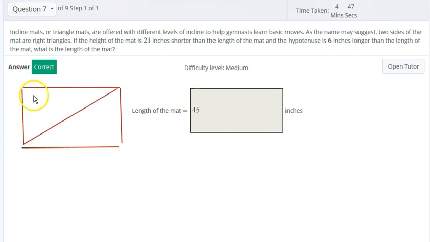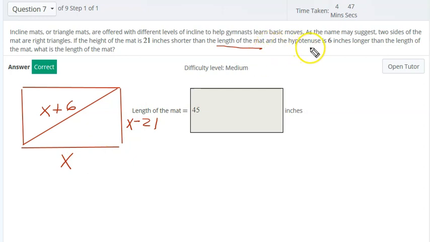And we have a right triangle here and a right triangle there, and they're giving us the dimensions. So take a moment and see if you can figure out the dimensions to put in this diagram. So as we read this, we get here that there is a length of a mat, which we'll call x.